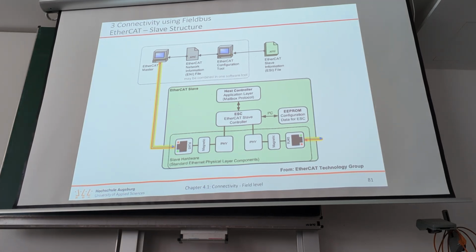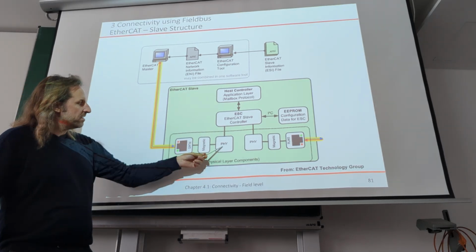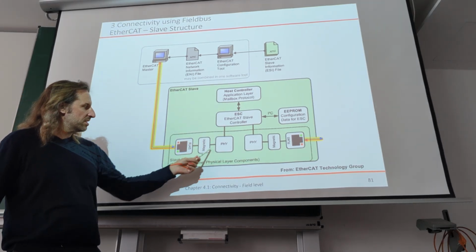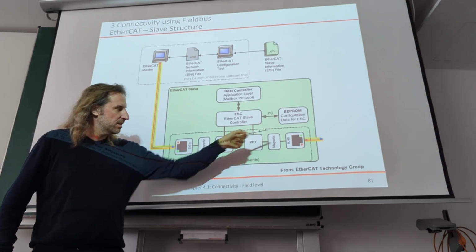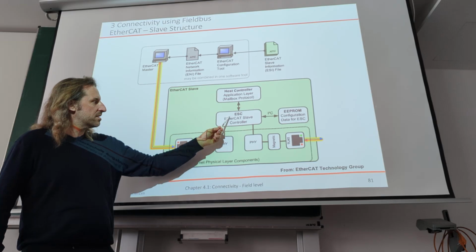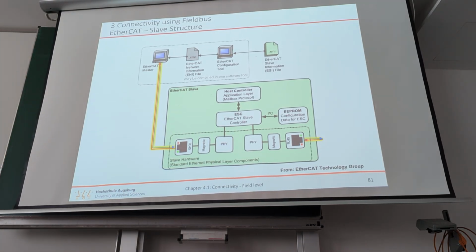And because it's only a data signal that is passing, these EtherCAT slave controllers are very inexpensive and easy to make. They use standard Ethernet PHYs, so the physical layer is a standard Ethernet engine, and then the bridge from one port to the output port is a simple logic extracting information.